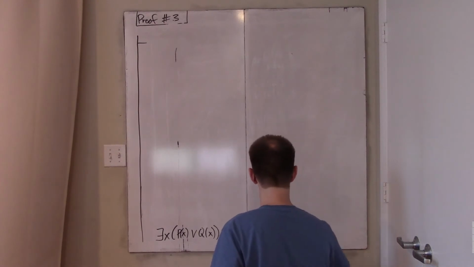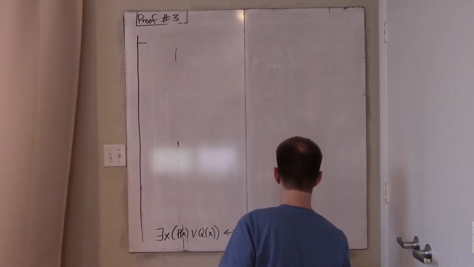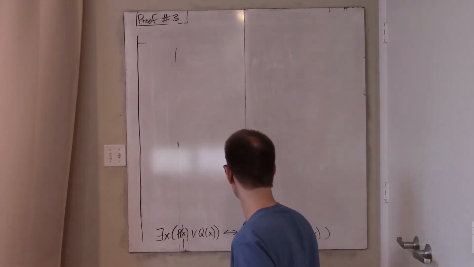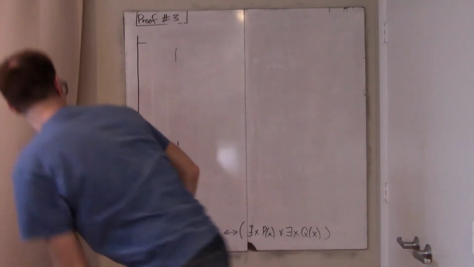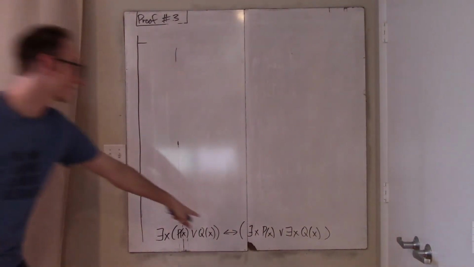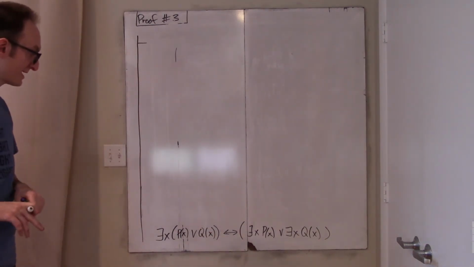Okay, let's take a minute and talk this out and reason why this sentence makes sense. The main connective in this sentence is the biconditional, so really what I'm saying is that these two are two different ways of saying the same thing.